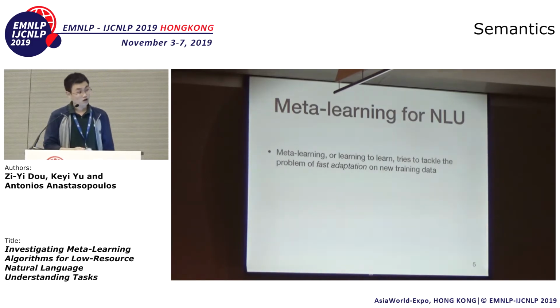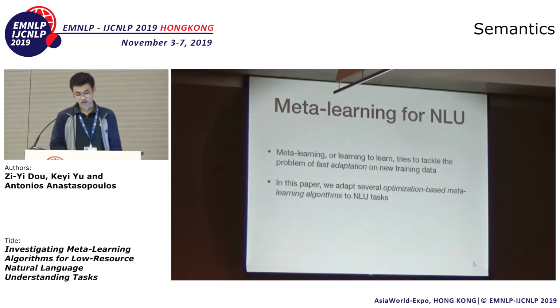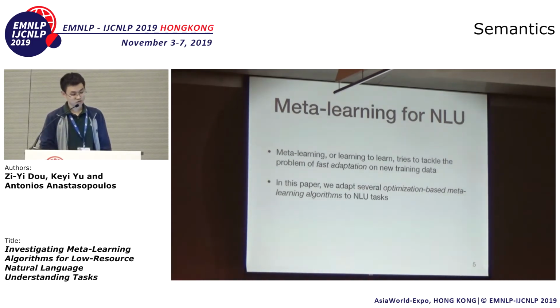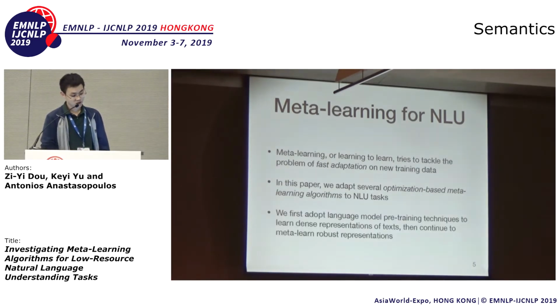Meta-learning, or learning to learn, tries to tackle the problem of fast adaptation on new training data. It covers a variety of algorithms, and here we just focus on the optimization-based meta-learning algorithms, and we adapt them to natural language understanding tasks. So basically, we first adopt language model pre-training techniques to learn high-level representations of text, and then we continue to learn robust representations using meta-learning algorithms.